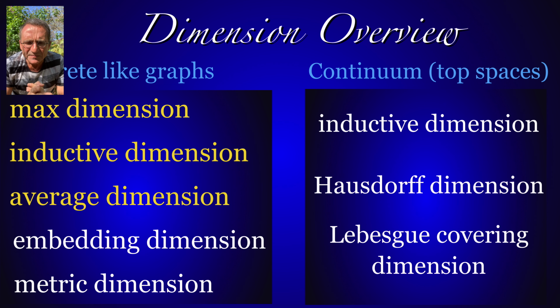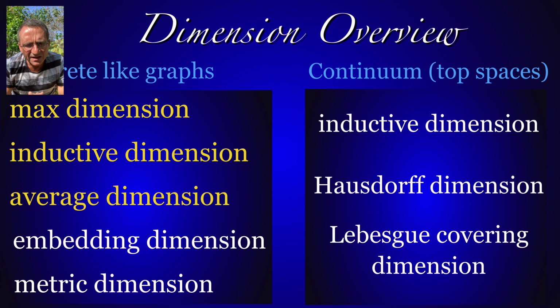To summarize, we have 3 dimensions which all have arithmetic compatibility with a join. There is the maximal dimension, which is trivial, the inductive dimension, where it's a recent result, and the average dimension, which is now our new result.